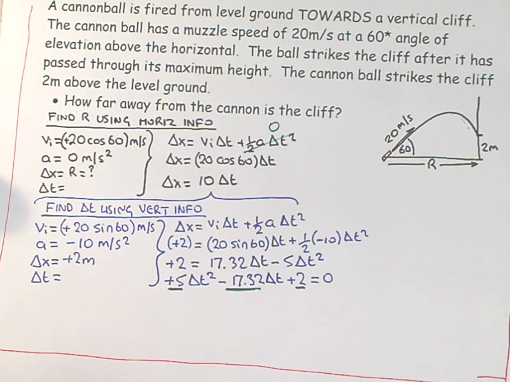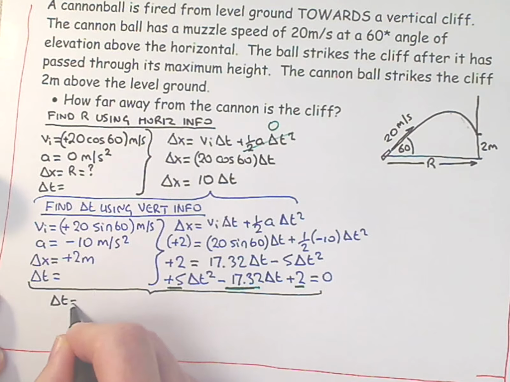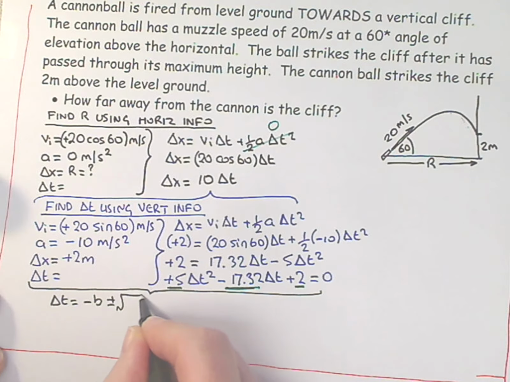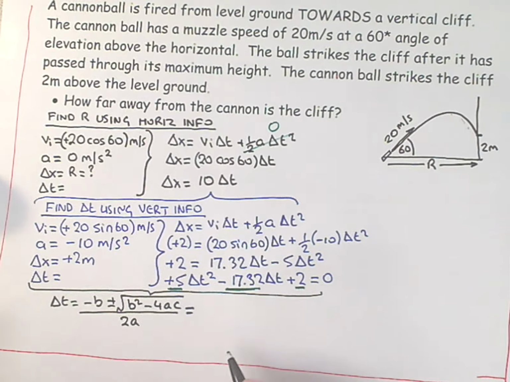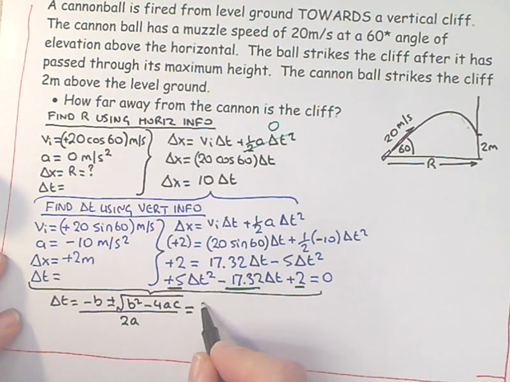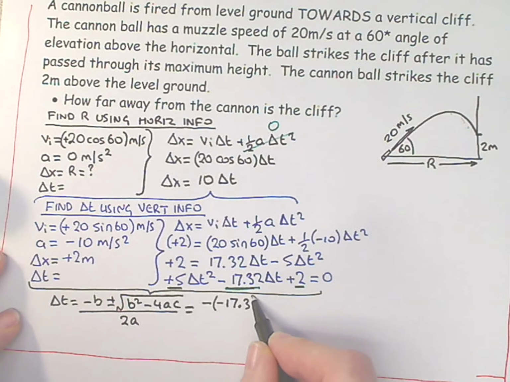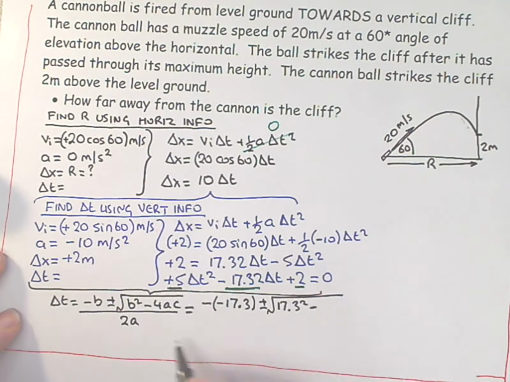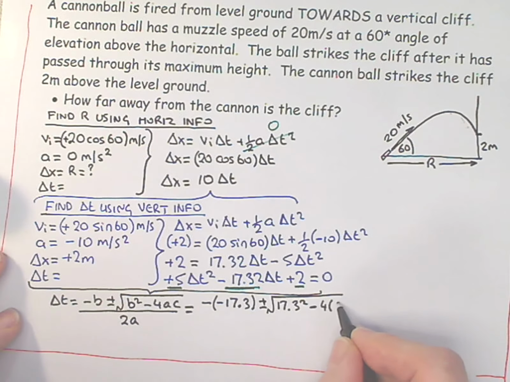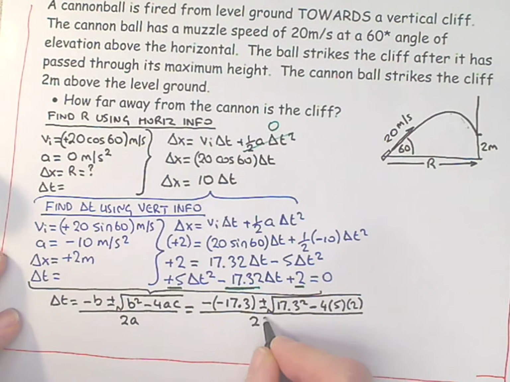And the expression I'm going to use is delta t is equal to minus b plus or minus the square root of b squared minus 4ac, all over 2a, which equals, I'm running out of space so I've got to be a bit careful, minus, let's call it 17.3, let's give myself a bit of a break here, minus b plus or minus the square root of 17.3 squared minus 4 times a, where a is 5 and c is 2, all over 2 times 5.